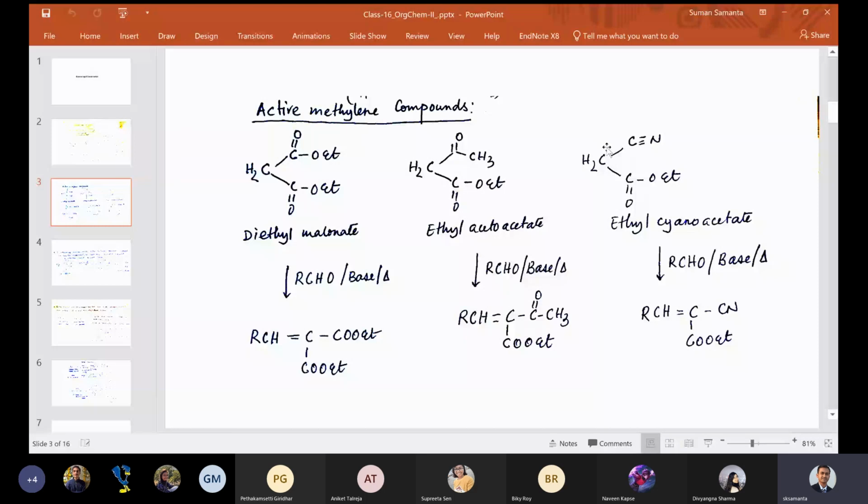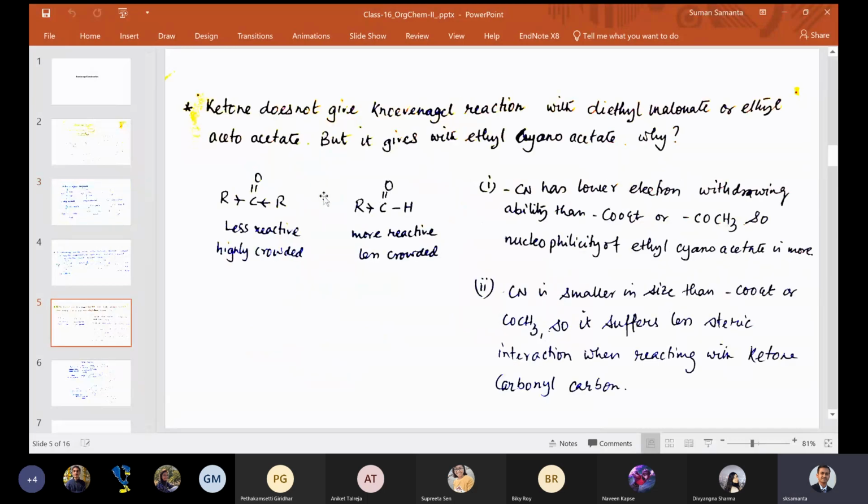And the second point is, compared to these two groups, the cyanide group is a little bit smaller in size, so it faces less steric crowding when it reacts with the ketone. These are the two reasons why it reacts but not the other two.